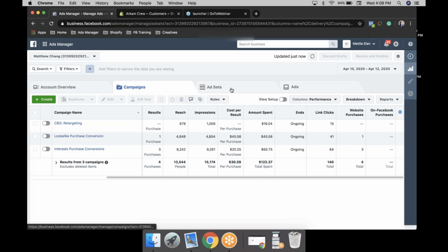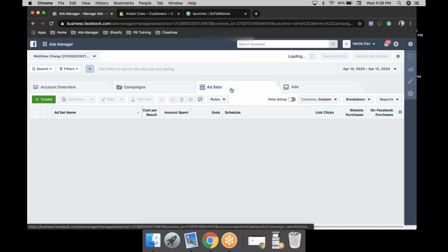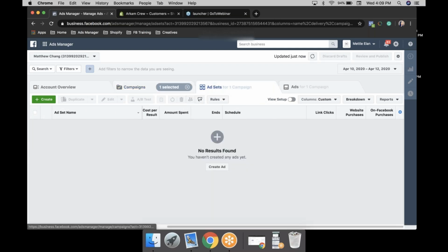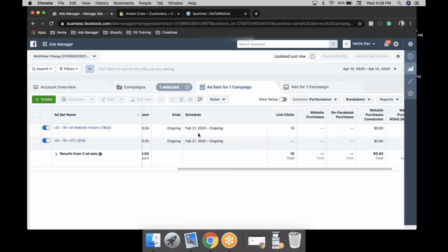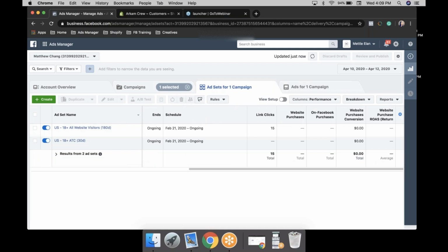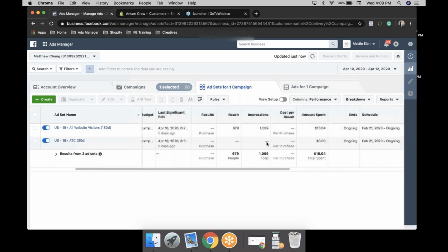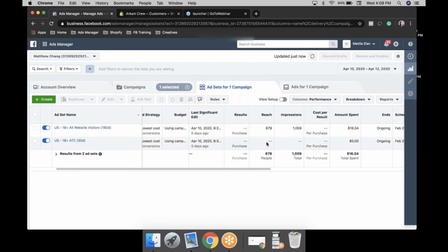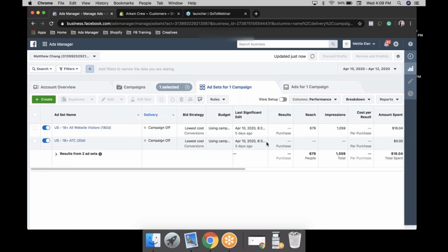And for the lookalike, because you said that I didn't have enough add to cart within the past 30 days, I had 0 link clicks. I guess I just didn't have spend. It looks like zero everything on the other part, and this one had link clicks, but no one purchased from it.